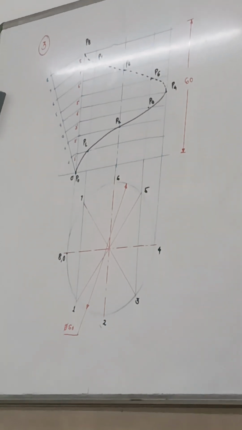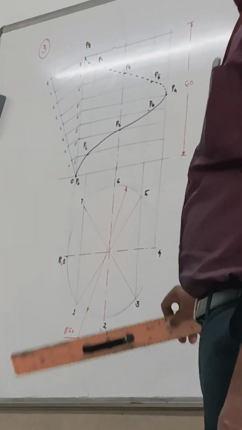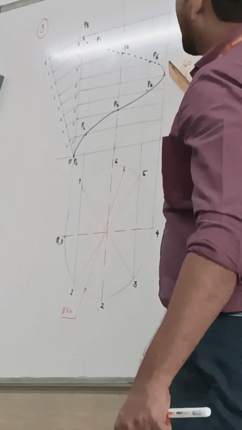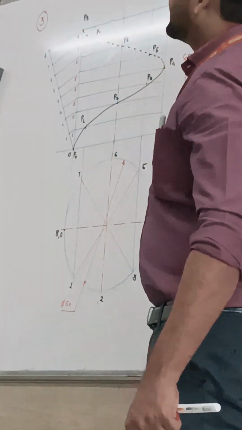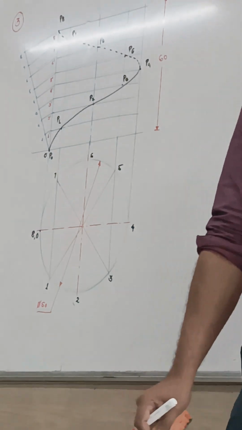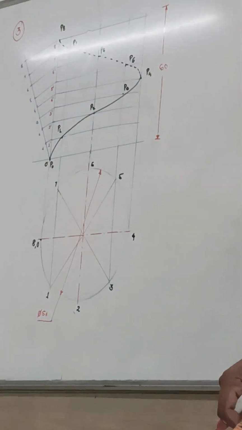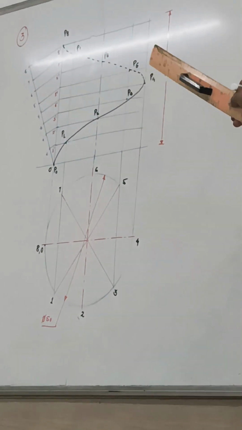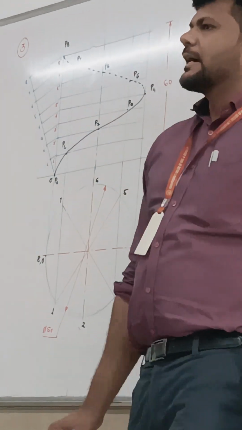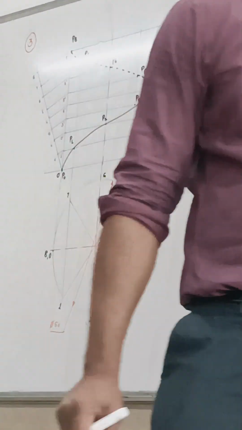If they say 1.5 revolutions, how much portion will come? Dotted will come, then dark will come again. So that is 1.5 revolutions. Is this assignment clear?